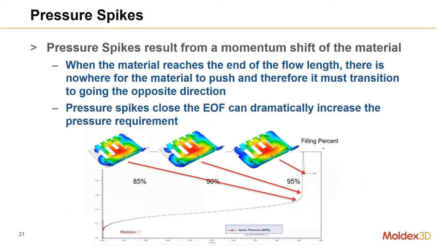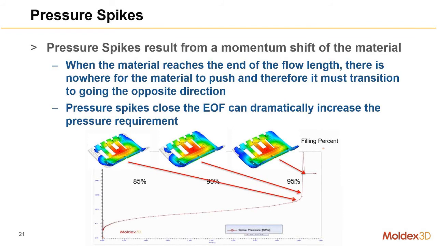And the reason for that is because the change in pressure is so drastic that it's difficult to calculate what the slope should be at that instant. So you can always expect that when there's a spike like this right at the end of fill, the simulation peak injection pressure may not correlate to what's actually happening in reality.